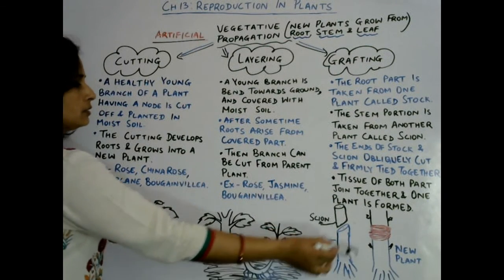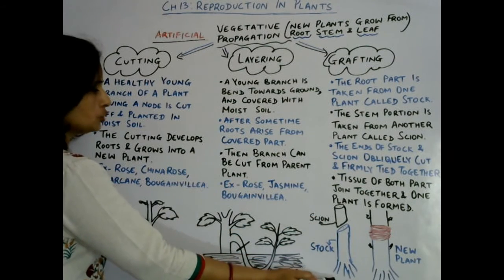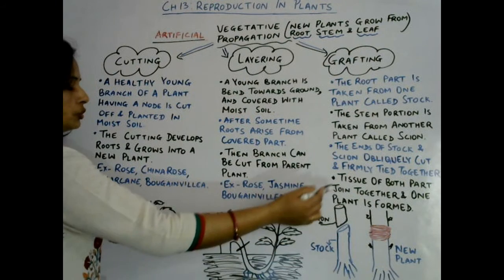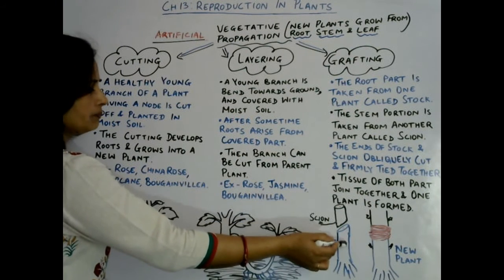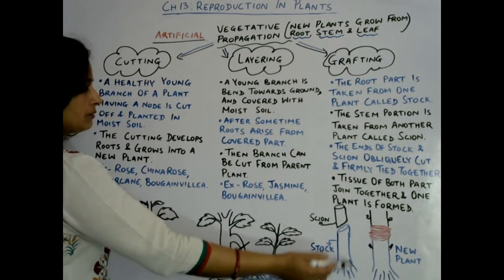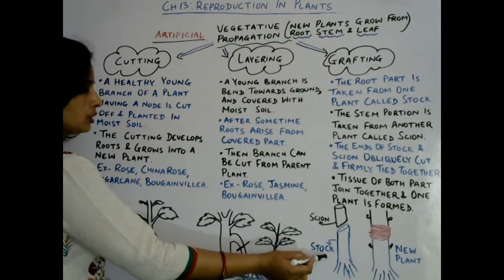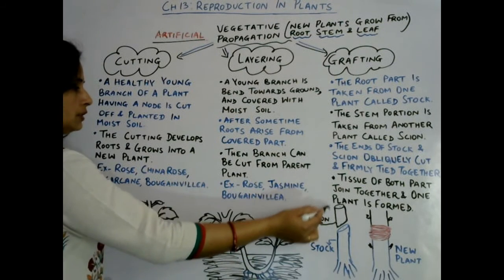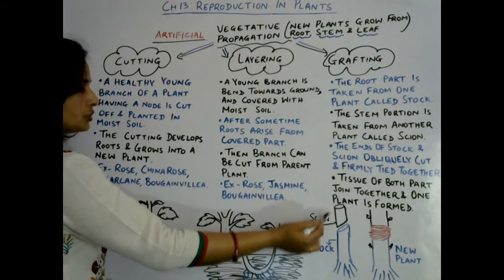One plant having root, and the stem part of another plant should be cut and kept over this part. The part of the plant which has the root is called stock, and the other plant part which has the stem only is called scion.